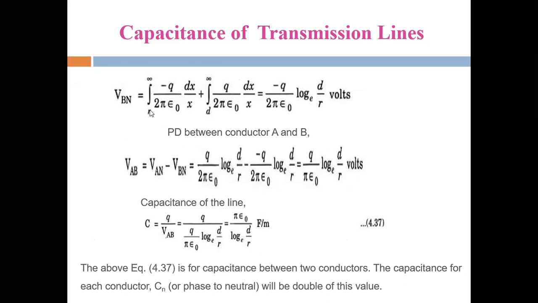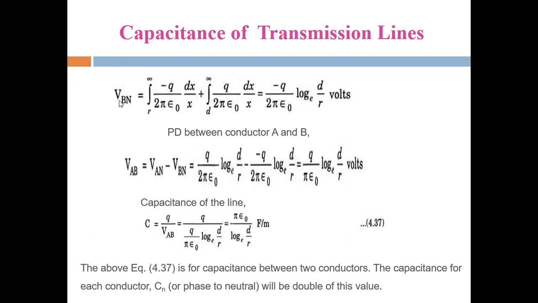VBN is equal to the integral from R to infinity, since the radius of conductor B is also R. We are taking VBN, so we integrate the terms from R to infinity of minus Q by 2 pi epsilon naught dx by x, plus the integral from d to infinity.